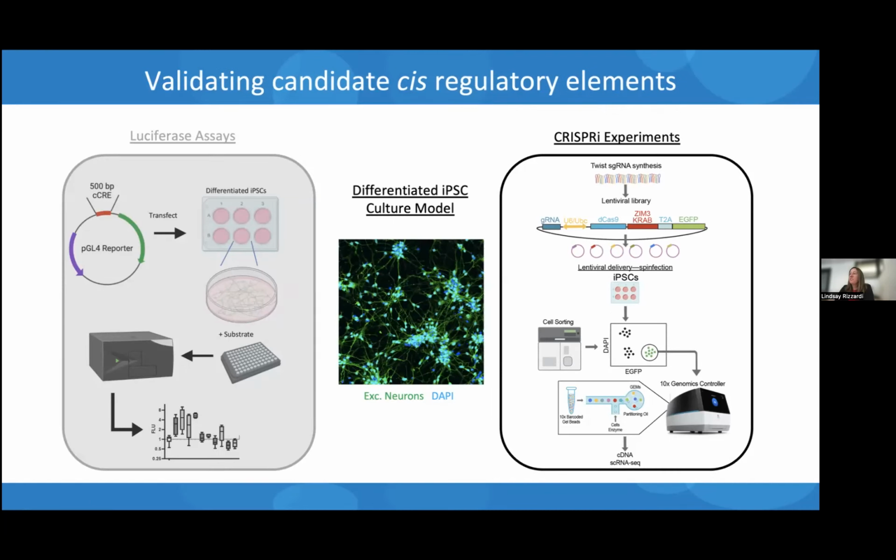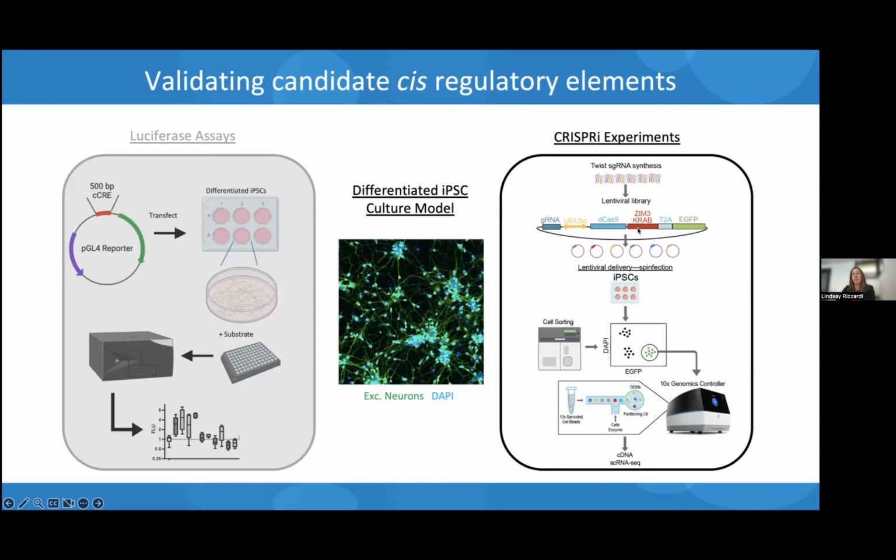So now we take another tack where we're going to start doing our CRISPR interference assays. And so to do these assays, we're using a differentiated iPSC culture model. This is the Neurogen N2 cell line where you differentiate into excitatory neurons. And to perform a CRISPR-I experiment, we're going to synthesize guide RNAs to our cis-regulatory elements, clone them into a vector that's got this dCas9 KRAB domain.